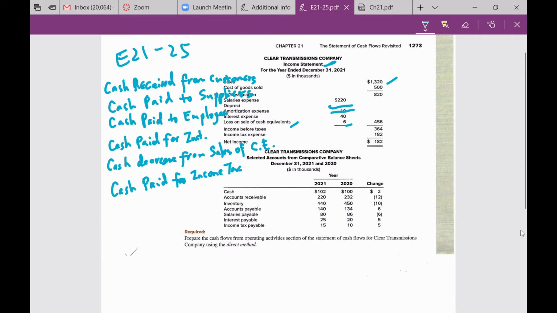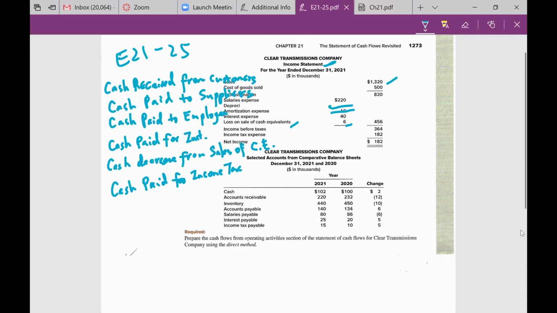So what is a loss on cash equivalent? You remember cash equivalent is a very, very short-term investment, right? So we invest in those securities and then we sold the securities, but we have a loss. But remember, cash and cash equivalents, they call them cash.